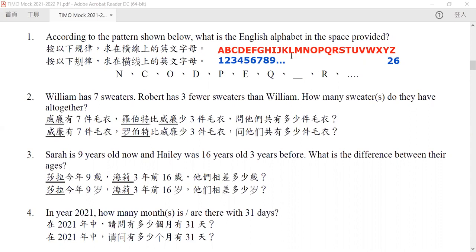So for example, for the first letter N, what is the position of this letter N? You can count it, because we know that I is 9, and then J is 10, K is 11, L is 12, M is 13, and then N is 14.